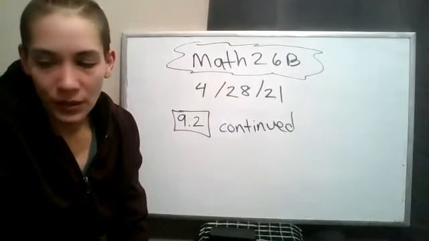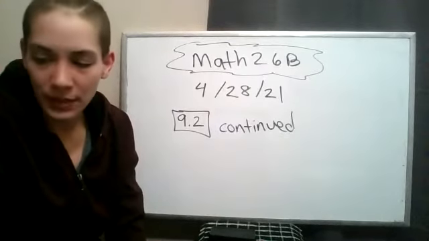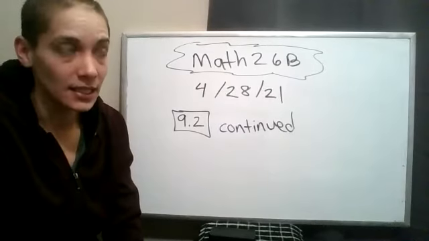We have a plane which looks like ax plus by plus cz equals d.